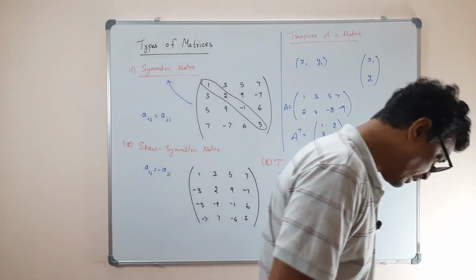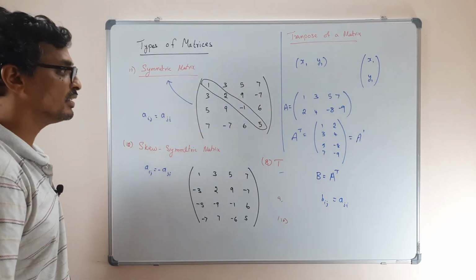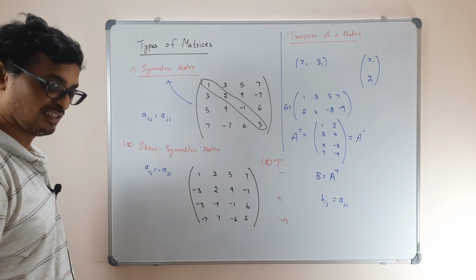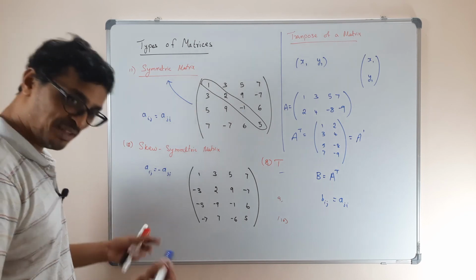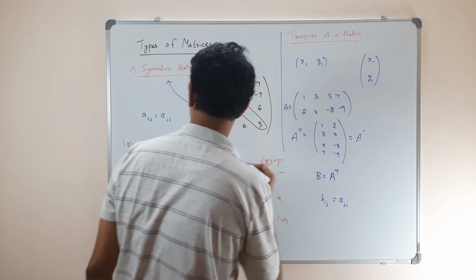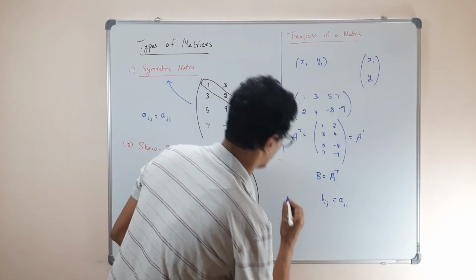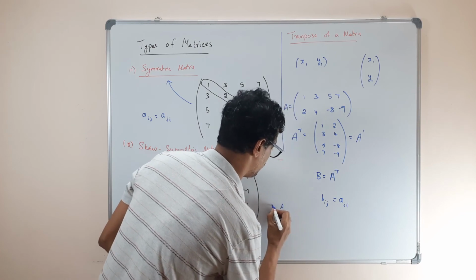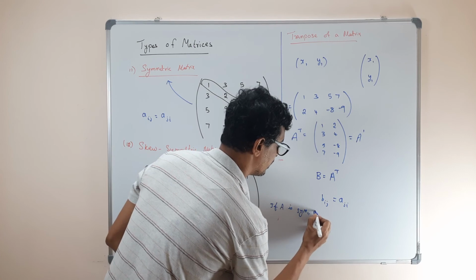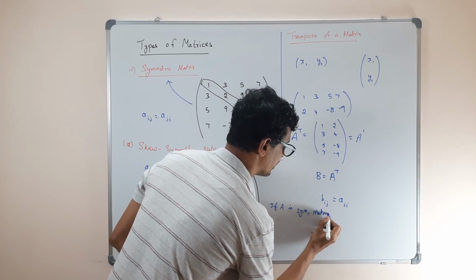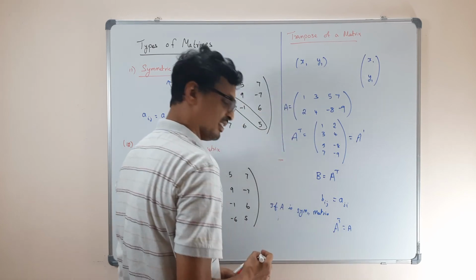Yeah. And this is one interesting thing. So what will be the transpose of a symmetric matrix? It will be the same, correct? So if A is a symmetric matrix, A transpose will be A, correct?